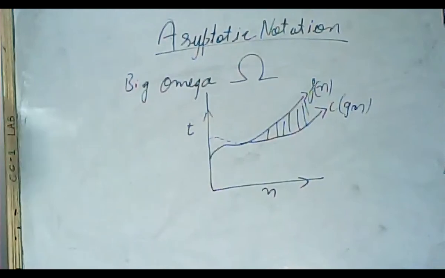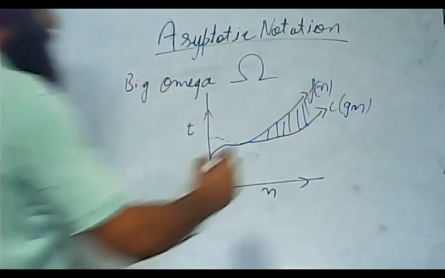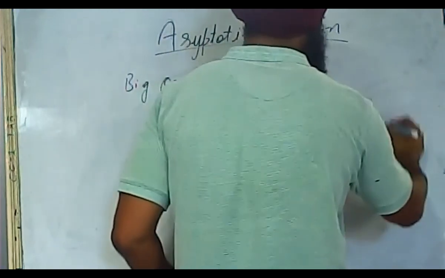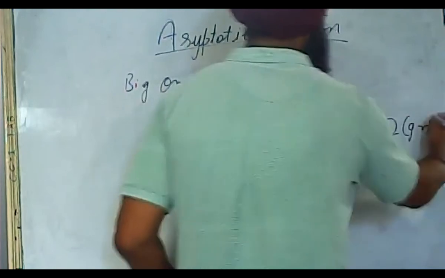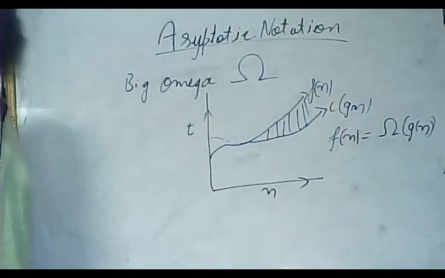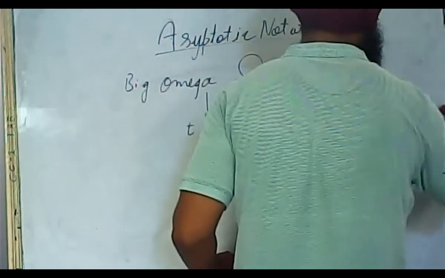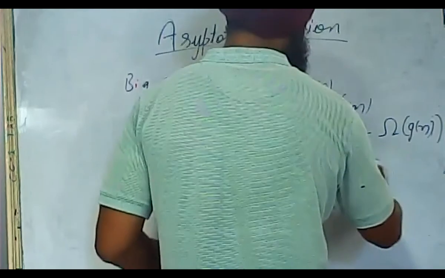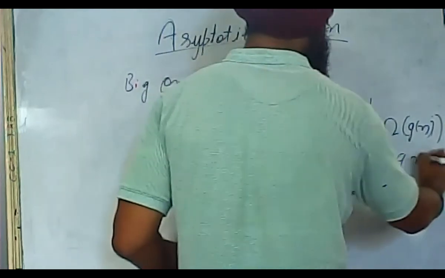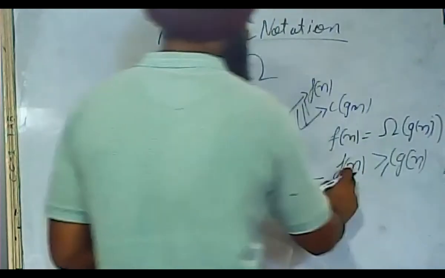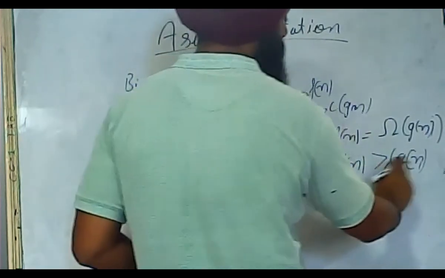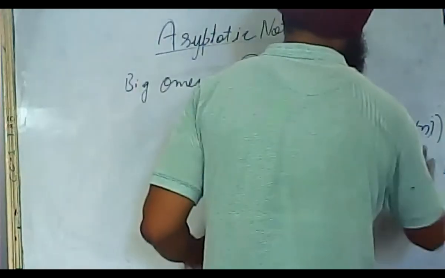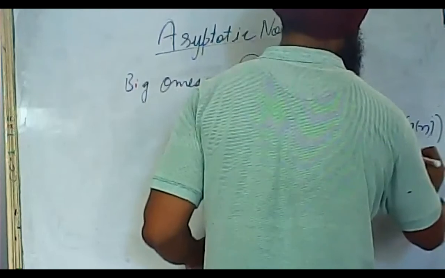So we can only say that f of n is omega of any other function g of n only if we can satisfy this condition, that is, we'll reverse the sign here only. f of n is greater than or equal to c of g of n.